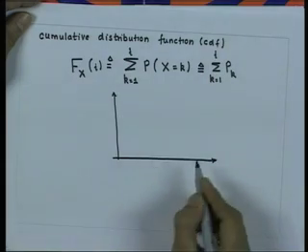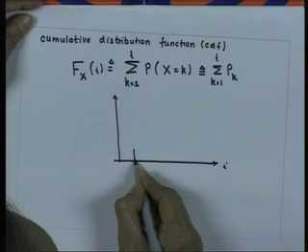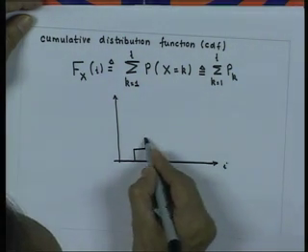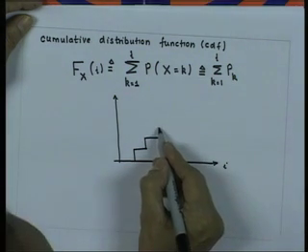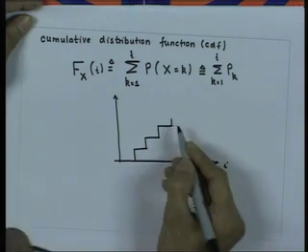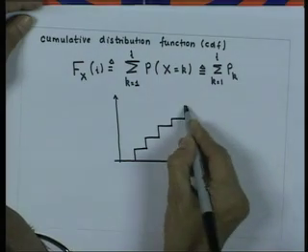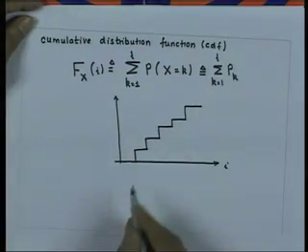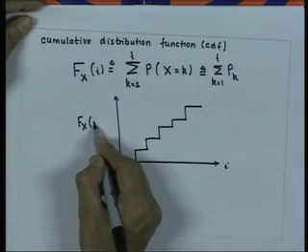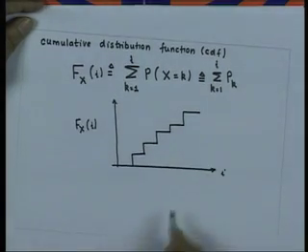I have I on the x axis and on the y axis I have my CDF, and on the x axis is the random variable.